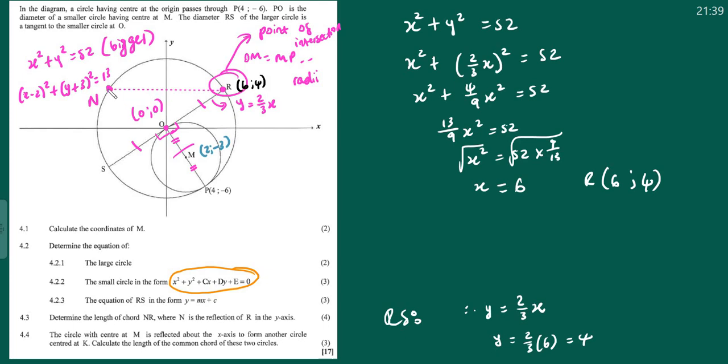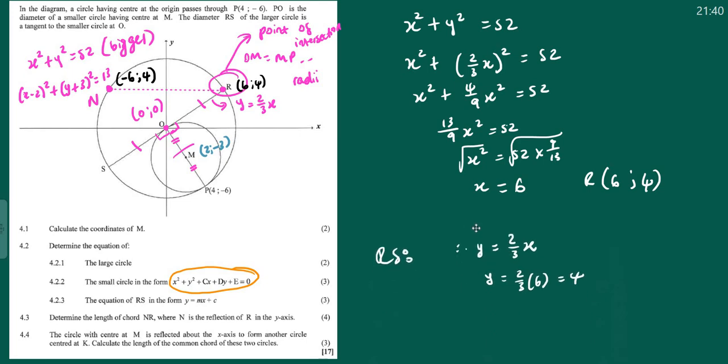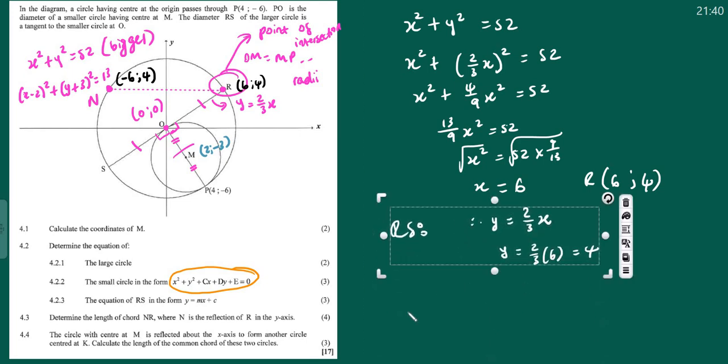Now I need to get the coordinates of N. Since this was reflected about the y-axis, the x is going to change but the y will not change. The x will now become negative 6, but the y will still be 4.